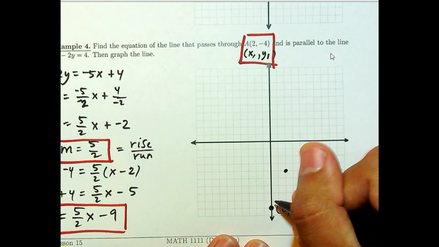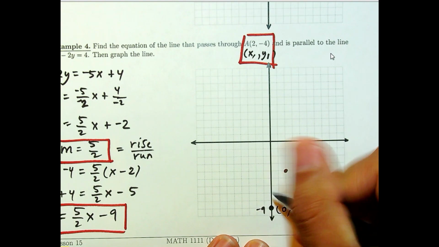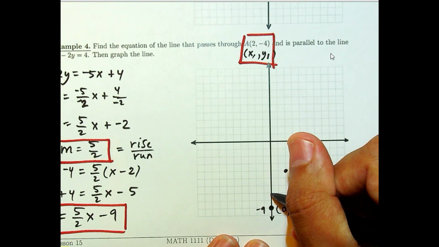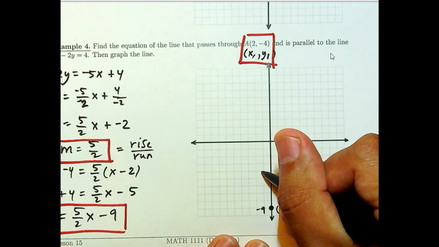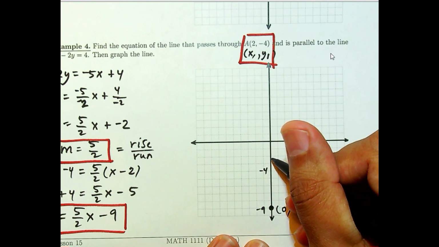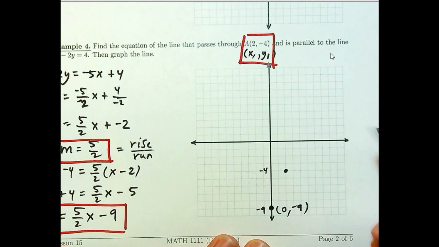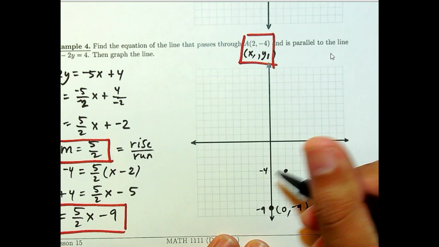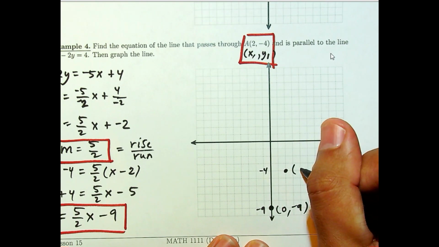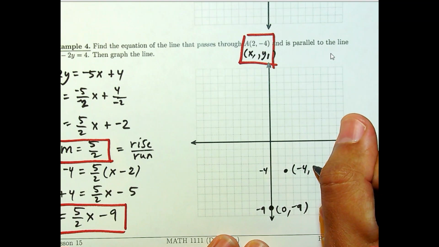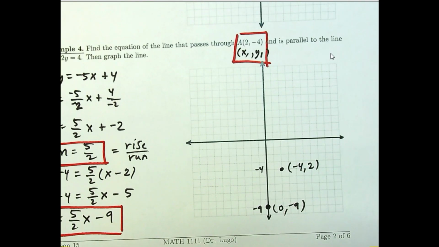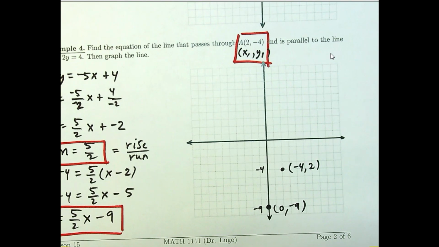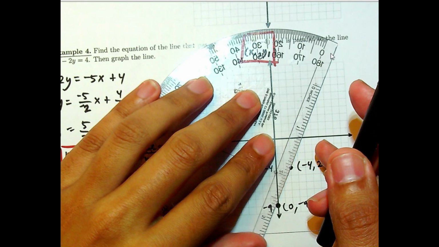And this point is, okay, this is negative 9, 8, negative 7, 6, 5, 4. That is negative 4, negative 3, negative 2, negative 1, 0. Yeah, negative 4. And then we move 2 to the right. So the coordinates of these points are negative 4, 2. Okay, now let's connect them. And that's our line.